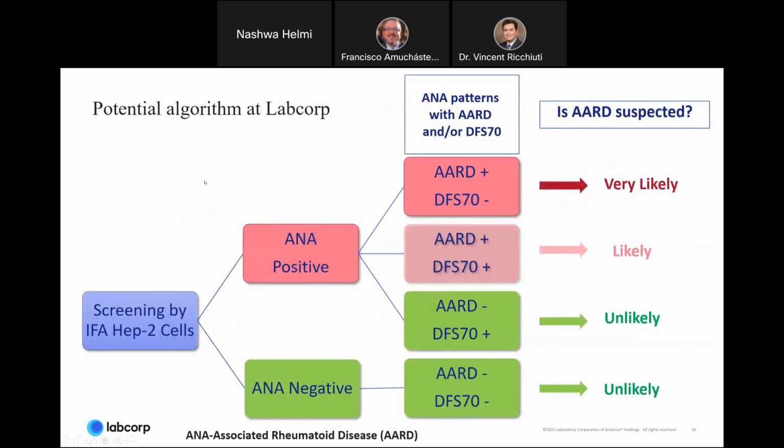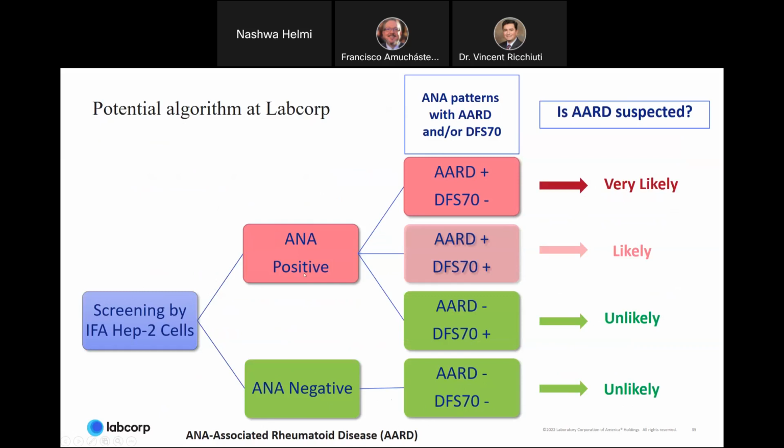So for today's presentation, we have a potential algorithm at Labcorp that we can use to help you classify your patient. We can screen by using IFA HEp-2 cells, and if your patient is negative with the ANA, and we confirm that negative with any other ANA-associated rheumatoid disease antibodies and DFS70, therefore your patient is, as you can see on the bottom there in green, unlikely to be associated with systemic autoimmune rheumatoid disease and ANA-associated rheumatoid disease.